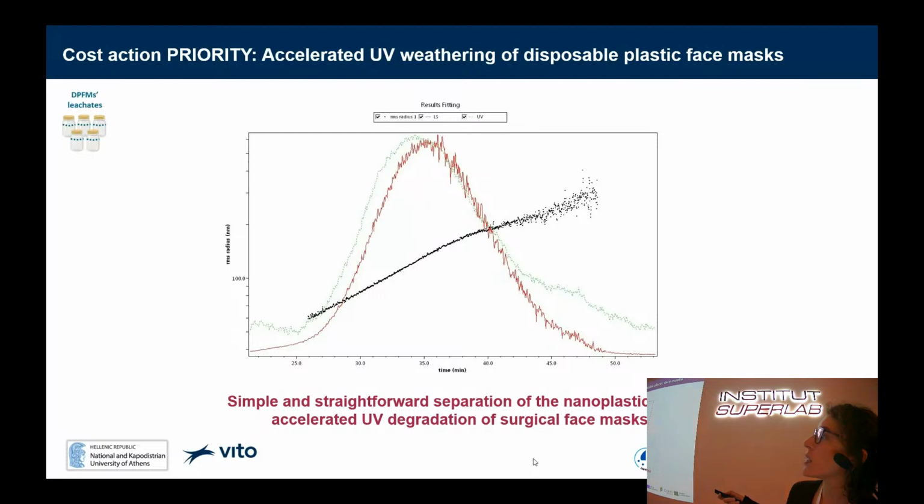Here you see that the radius was around 150, meaning that the particles were around 300 nanometers, which are released after the UV weathering of the masks.